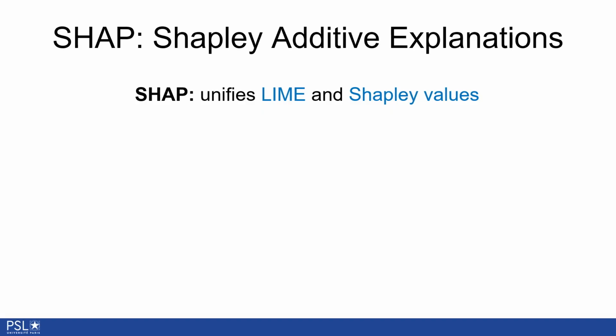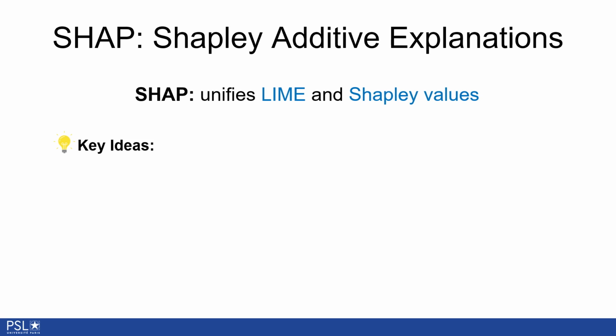It's a post-hoc explanation method introduced in a paper by Lundberg and Lee in 2017. An important aspect of this method is that it unifies Lime and Shapley values. More specifically, SHAP is based on a set of key ideas.